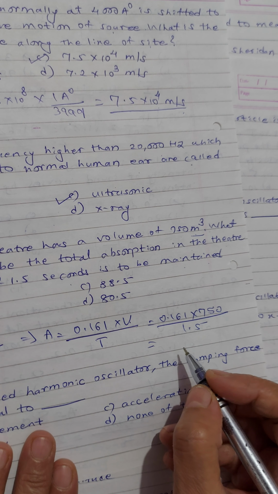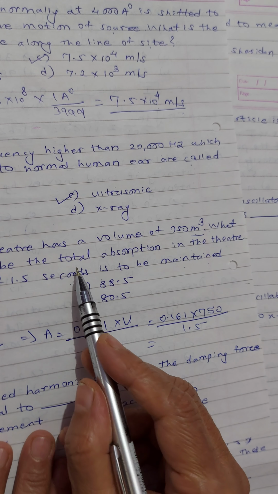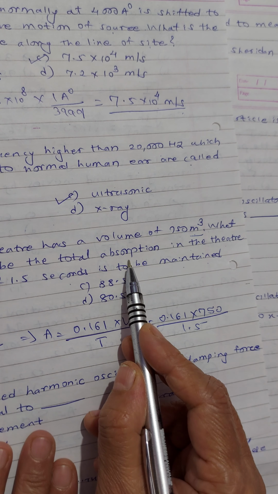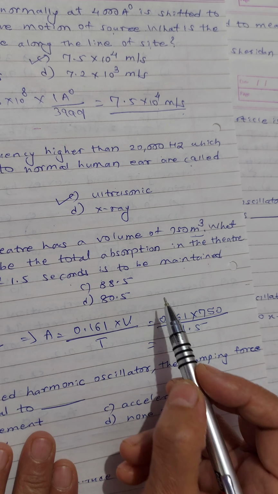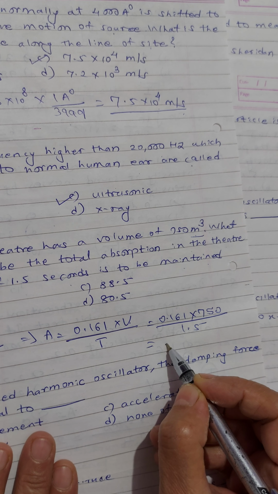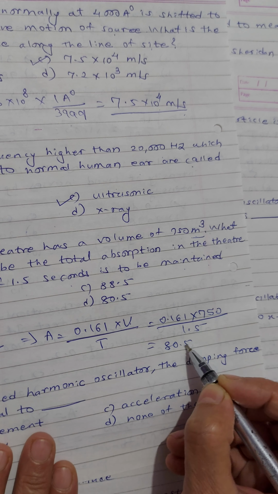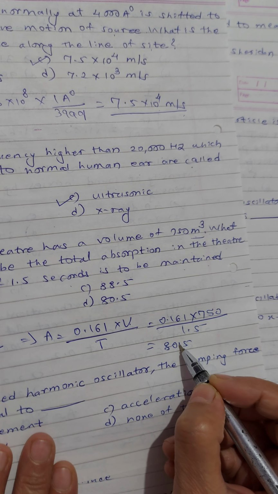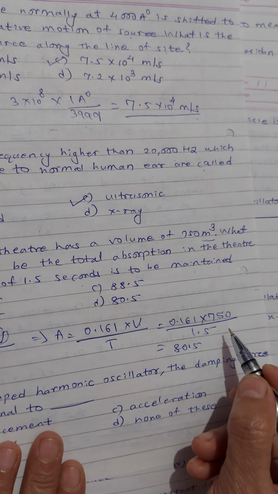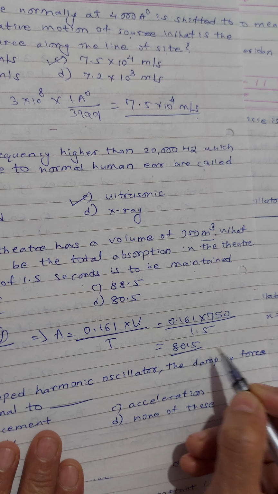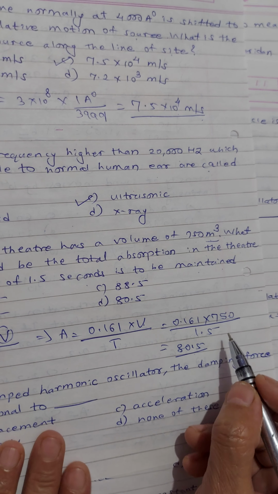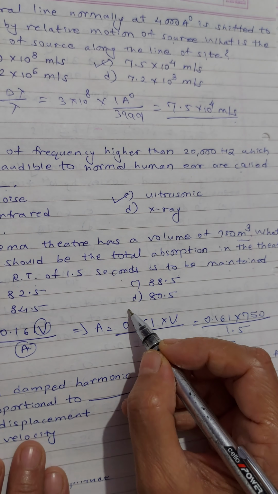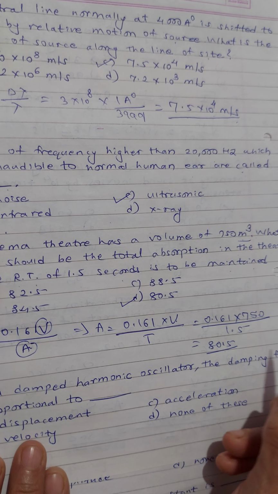We will be getting the total absorption in the theater. We need to find out. So this will be called as 80.5 open window unit. This is the word they are using in this case. So, if it is not mentioned anything, it's also okay, but it is actually 80.5. So answer is D, open window unit.